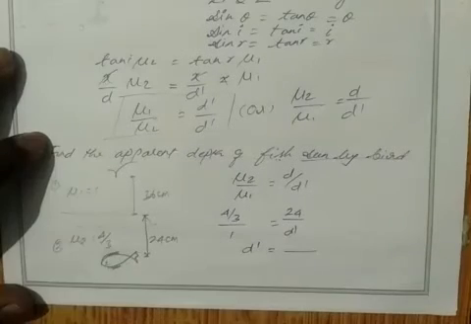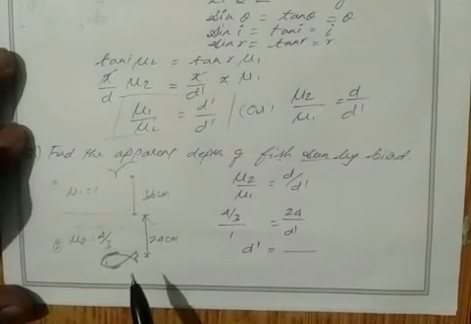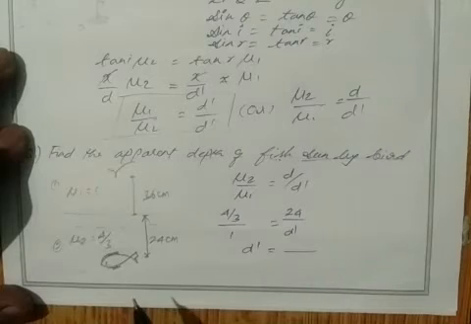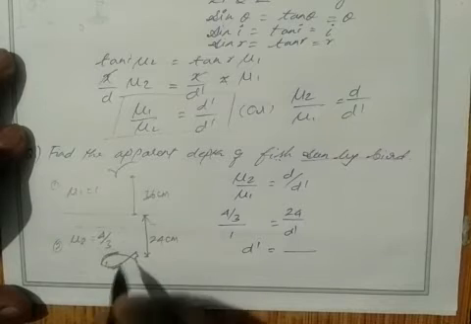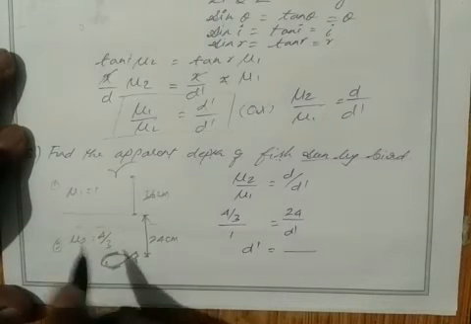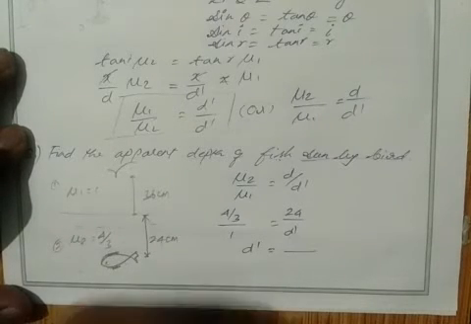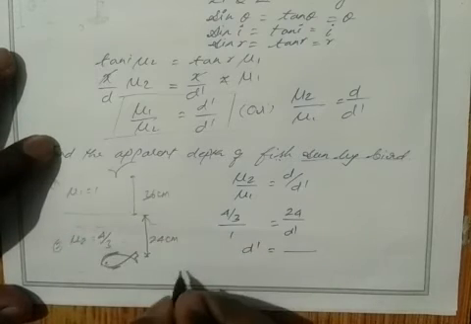Okay. For the same question, find the apparent height of the bird as seen by the fish. If the fish sees this bird, what's the total height from fish to bird?